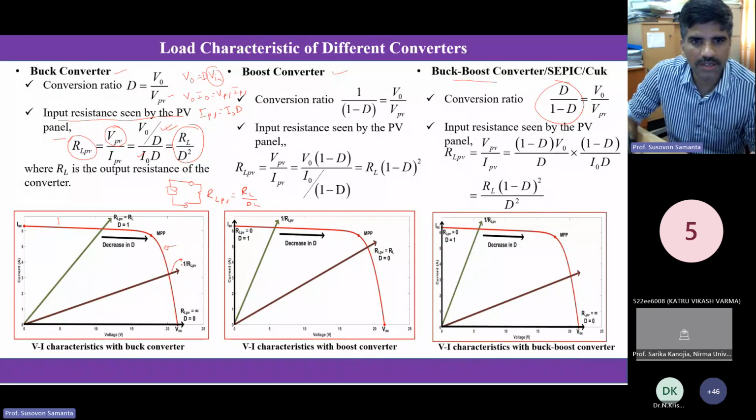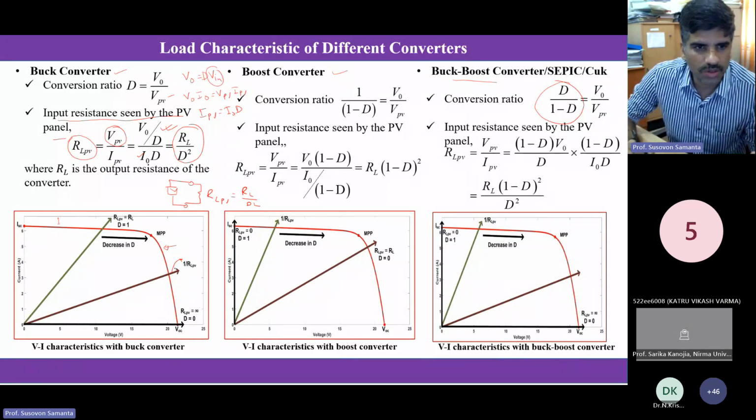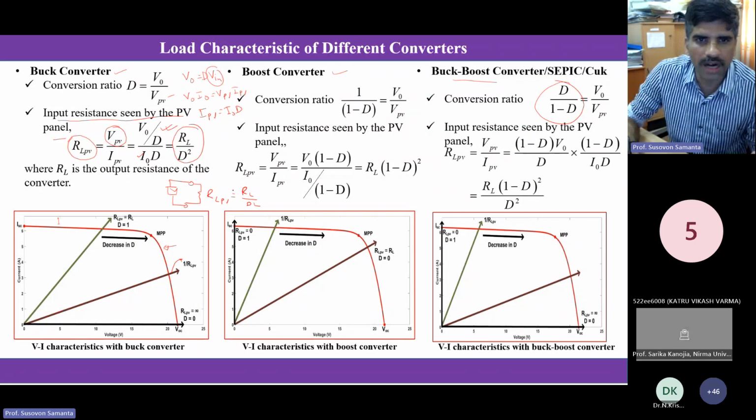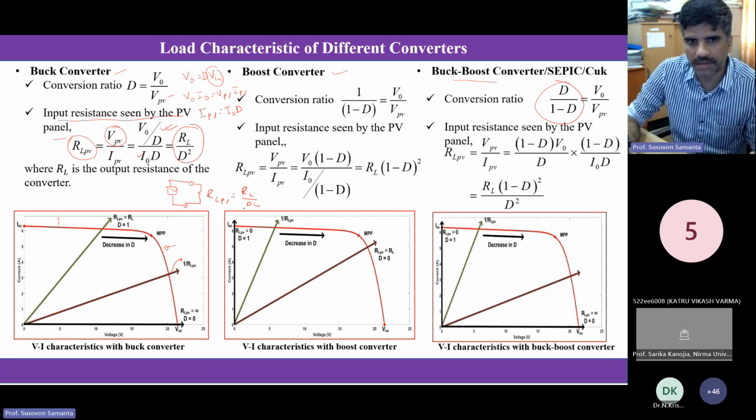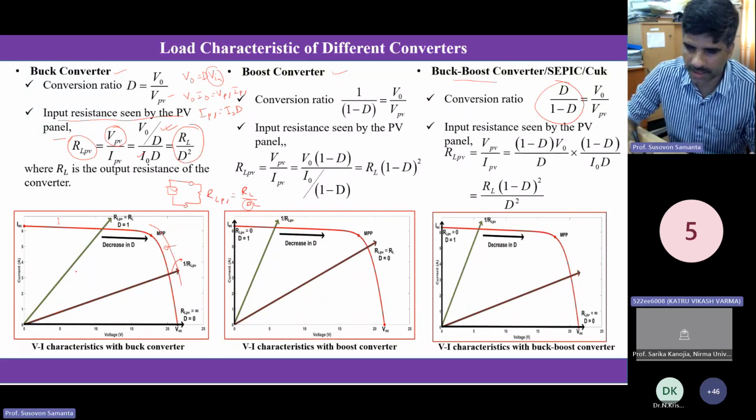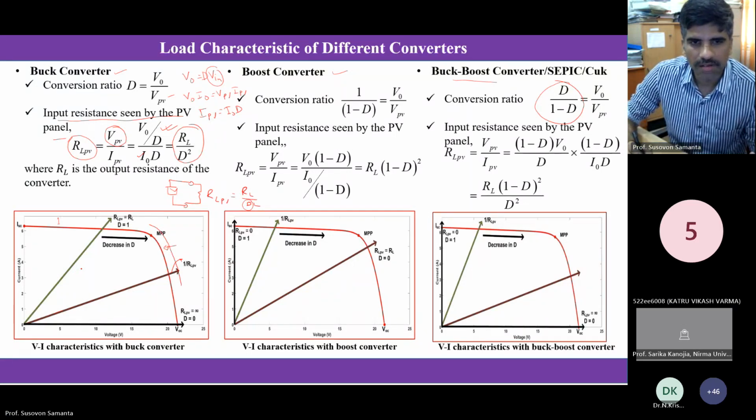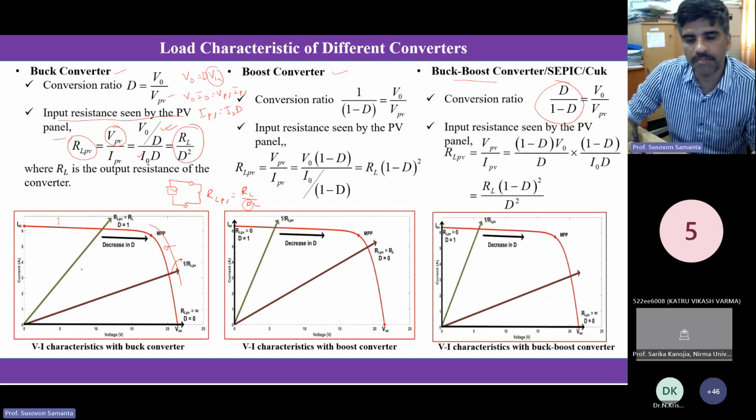So this is the load line of 1 by RLPV. Now you can understand that by varying the duty ratio of the converter, you can vary this line. And varying this line means you can change the operating point of the PV panel. That is the most important thing.